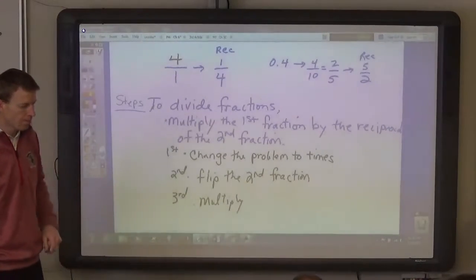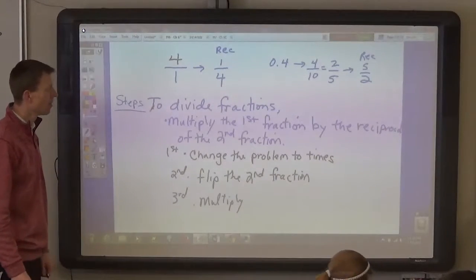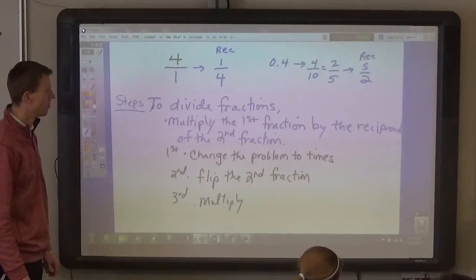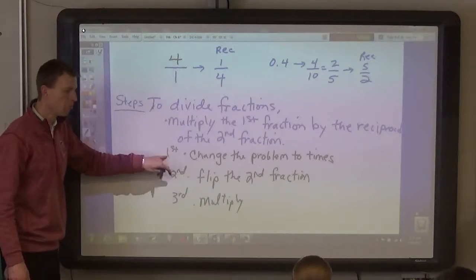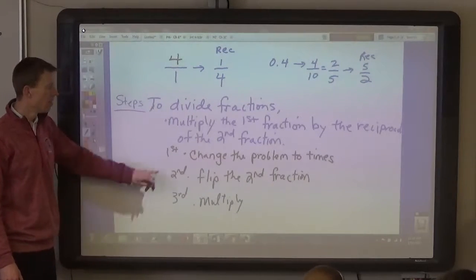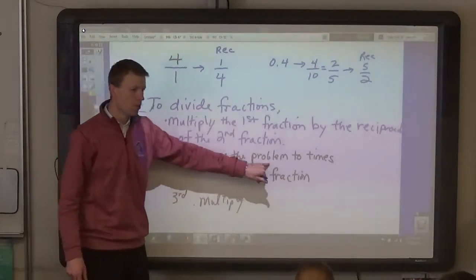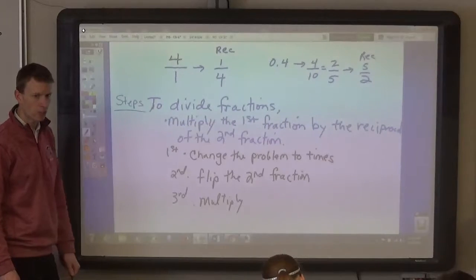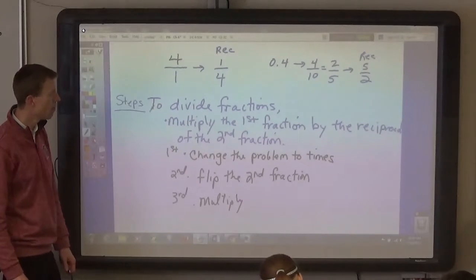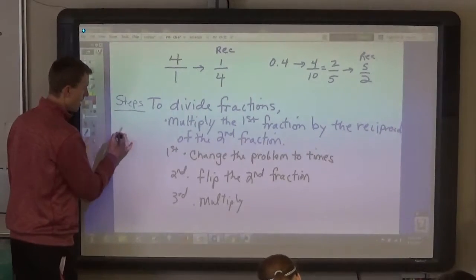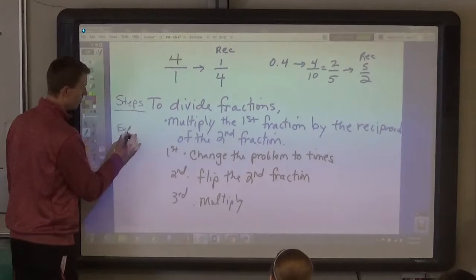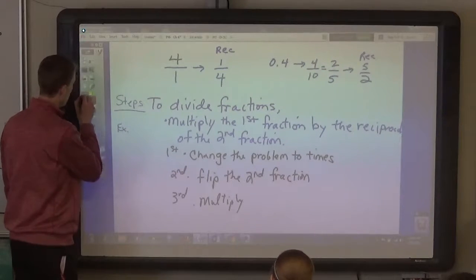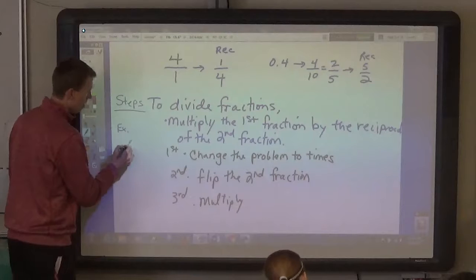Add this to your notes. So, step 1, change the problem to multiplication. So from division to multiplication, here's what I mean. Here's an example.